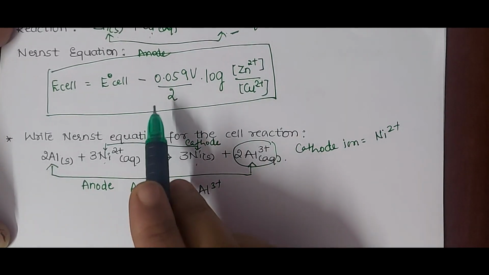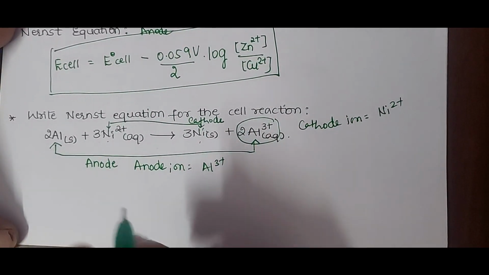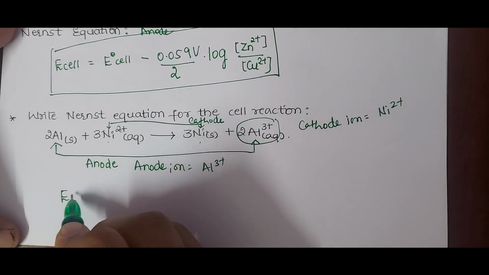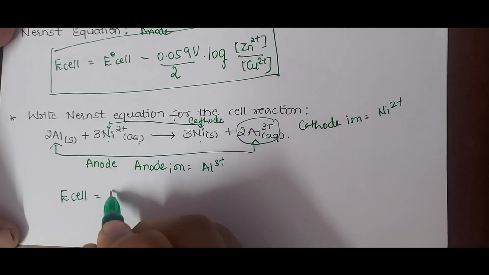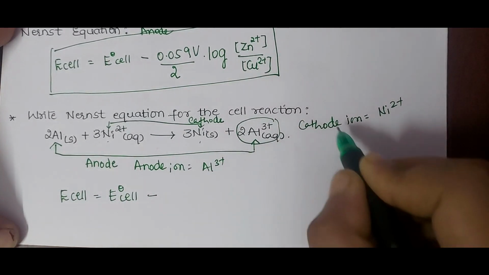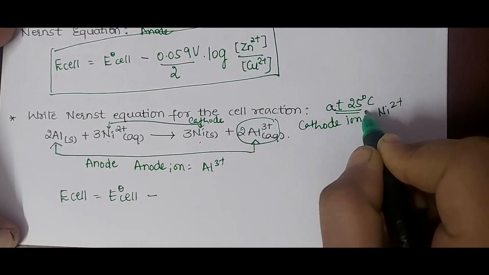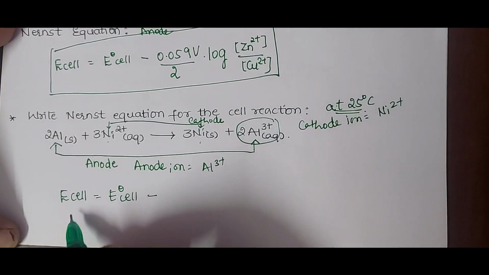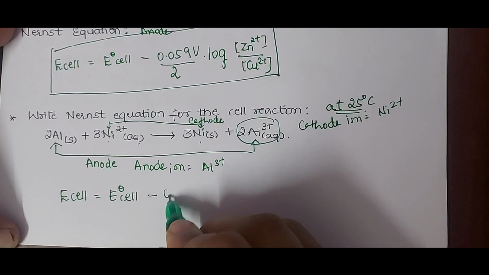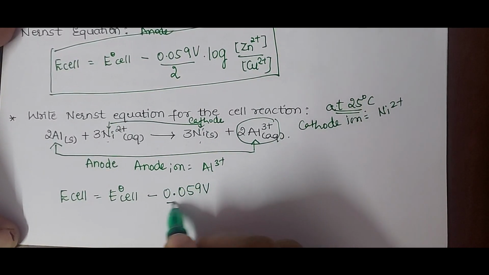So now we'll write the similar equation here, that is the Nernst equation. When writing the Nernst equation, we write E cell equal to E naught cell minus. At which temperature are we writing it? At 25 degrees Celsius. So E cell equal to E naught cell minus 0.059 volt divided by n.